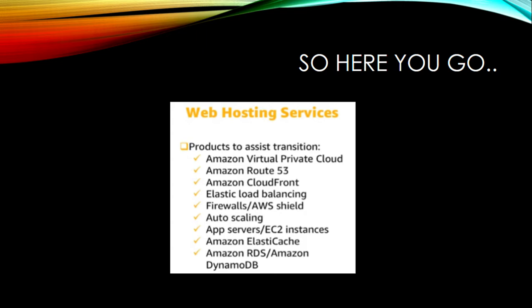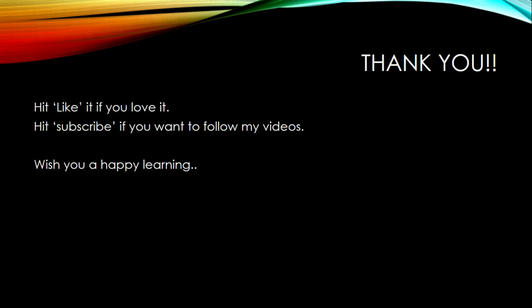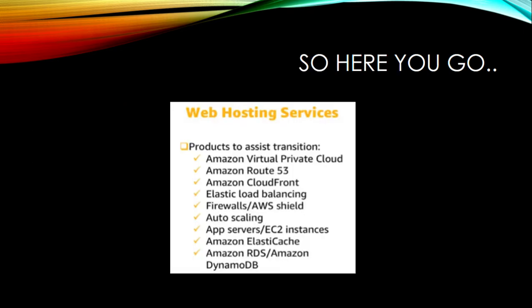There are many more services, but these are pretty much what you would actually look at assisting in any transition. For more information on any of these specific requirements, you can visit the AWS homepage at aws.amazon.com.